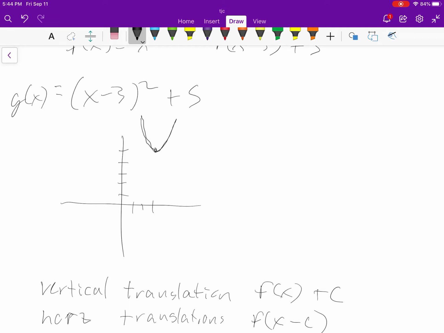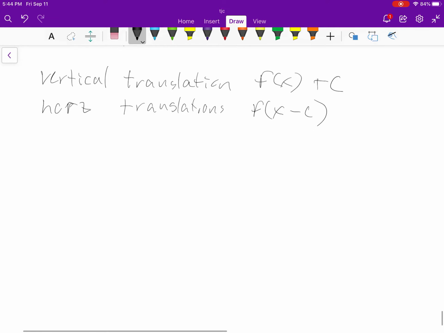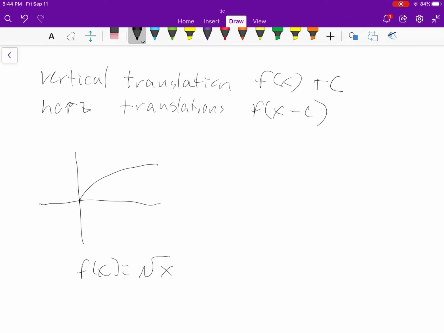Okay, the next thing we're going to do is reflections. So what do we do if we want to reflect? Say we took this function here, which is f of x equals square root of x, and has a restricted domain, and we want to reflect it.